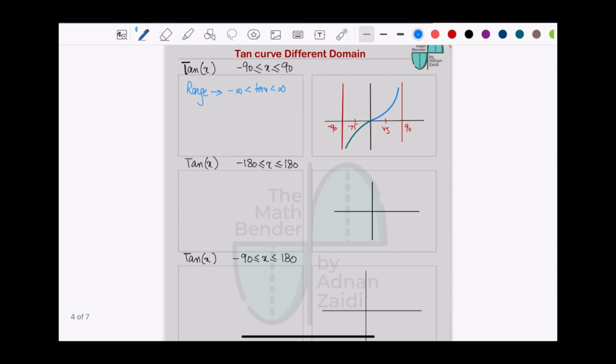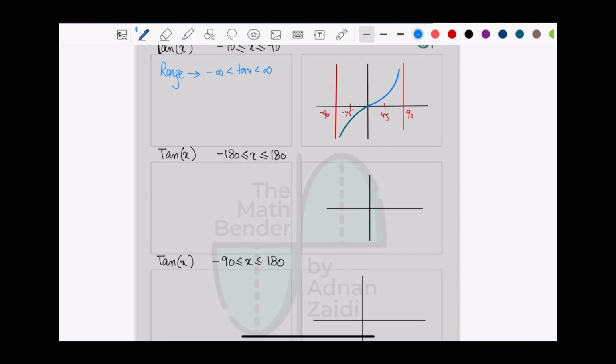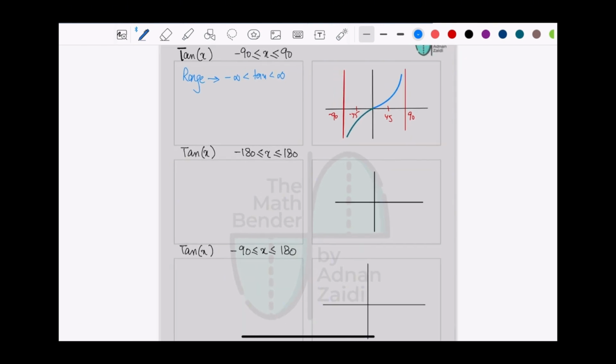From negative 180 to 180, there will be 2 cycles, because one tan cycle completes at the asymptote line.